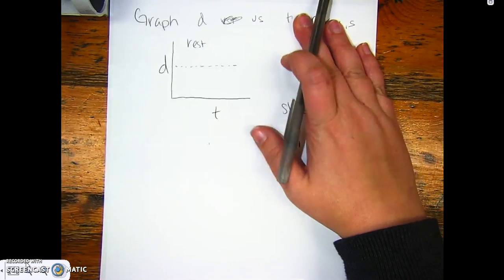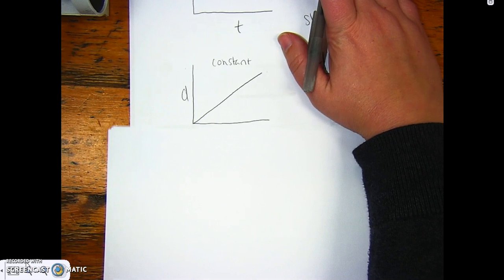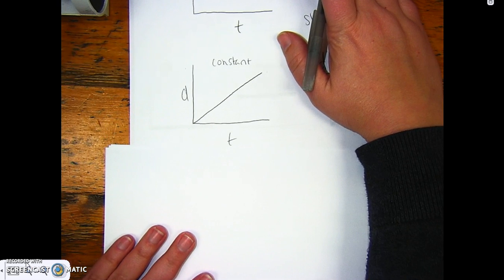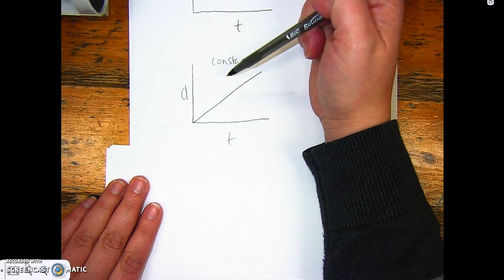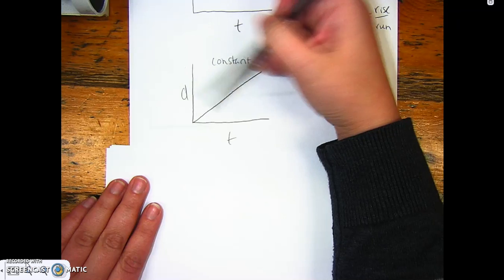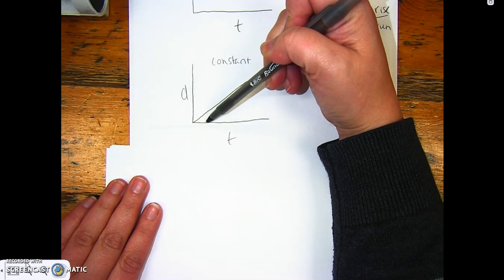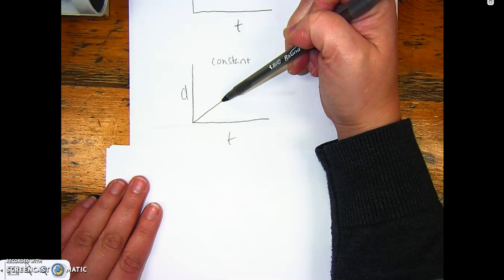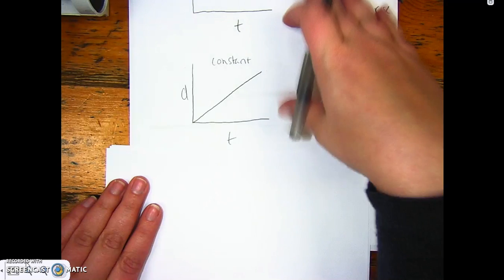Then we would have, let's say, an example where someone was going at a constant velocity. So in this case, the rate of change of their displacement would be the same over time. So after the first second they're here, after the second here, after the third second here, and so we plot and we would see a line.